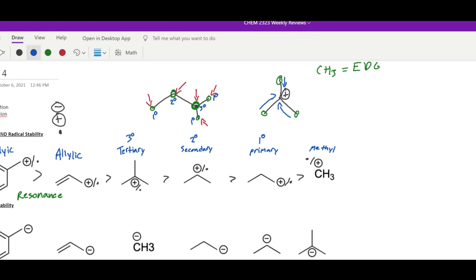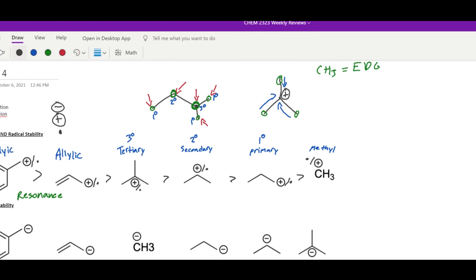So if I have 3 methyls stabilizing a single carbon, that is very helpful, right? It's going to provide stability. Think of this as inductive effect. But with inductive effect, we looked at halogens sucking in electrons, like a magnet.